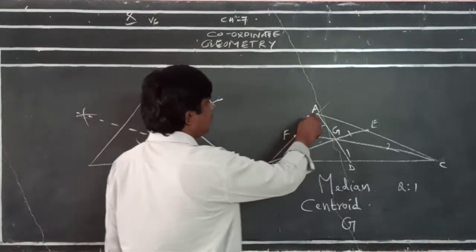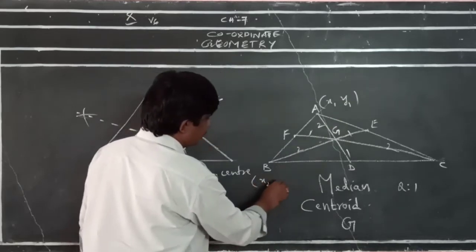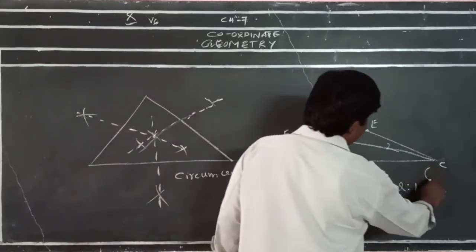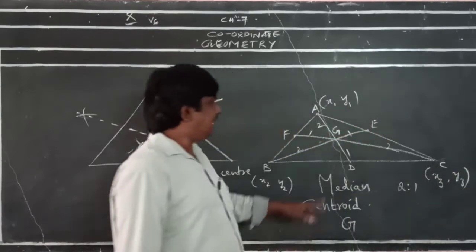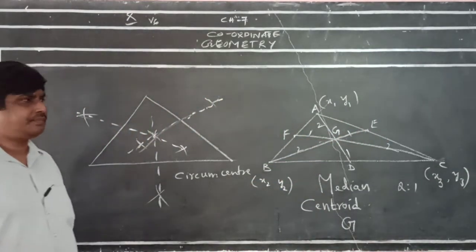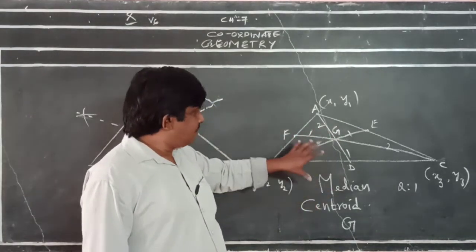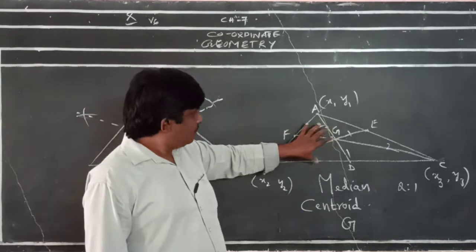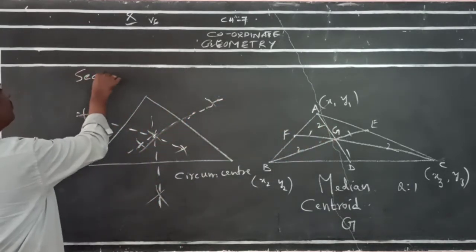For example, this point is x1 by 1, this point is x2 by 2, this point is x3 by 3. Then how can we find the centroid? To find the centroid, we must use the concept of the section formula.